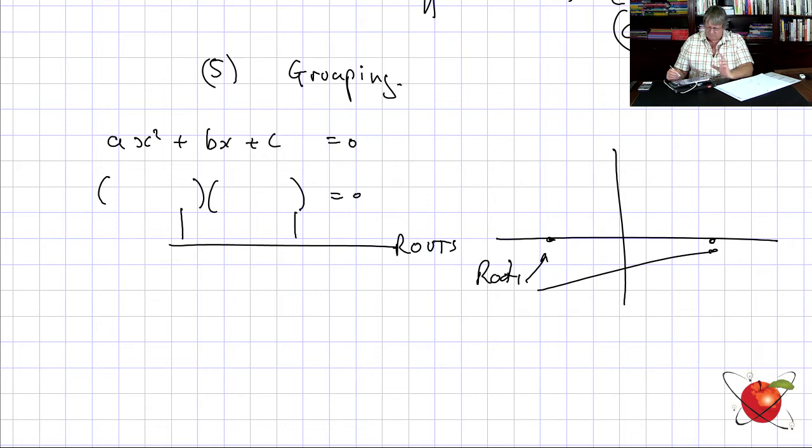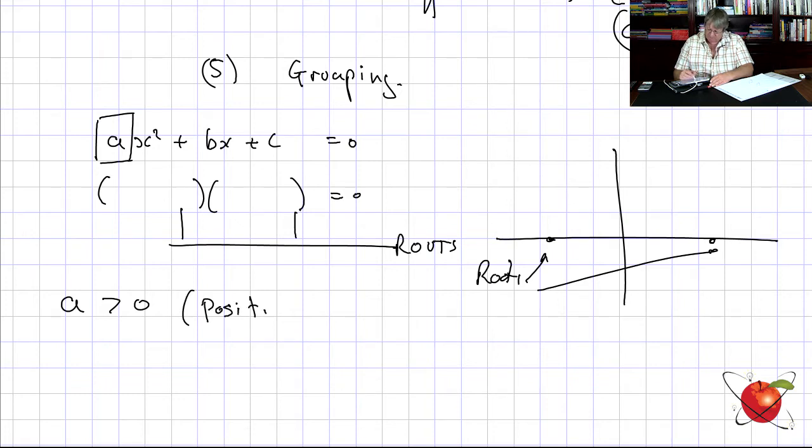Now, let's just recap a few things with the quadratic equation. If a was greater than 0, in other words, the coefficient of x squared, if it was greater than 0, it means it's positive. What does that mean? If it's positive, it means that it's a happy face, remember?